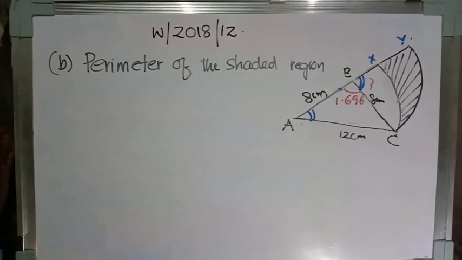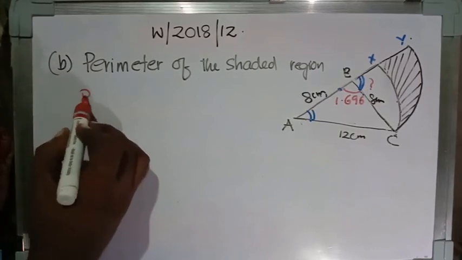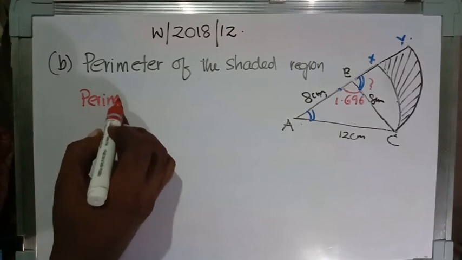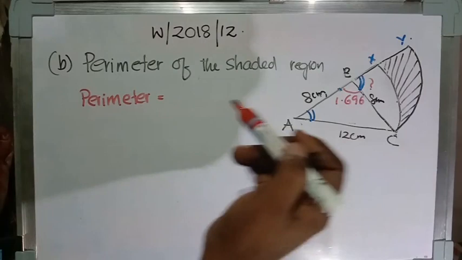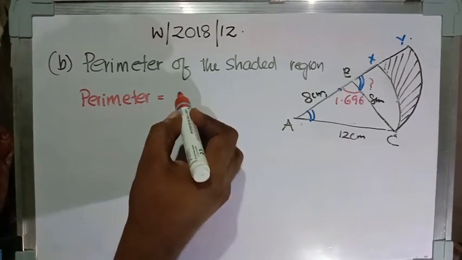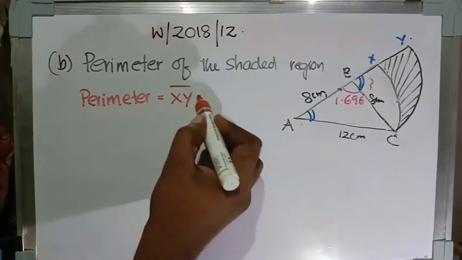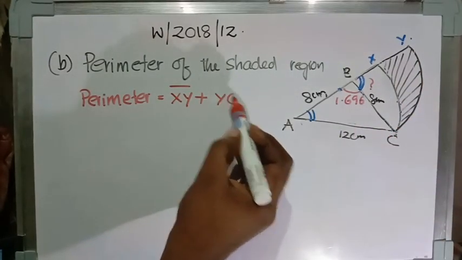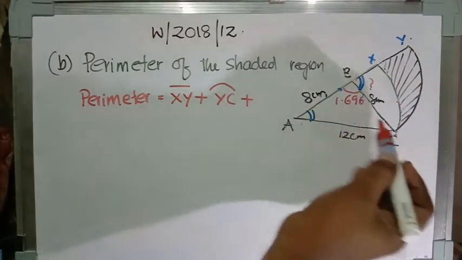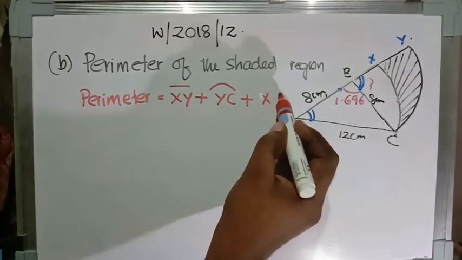Question B is to find the perimeter of the shaded region. It's very clear that the perimeter of the shaded region is the length xy plus arc yc plus the length of the arc xc.